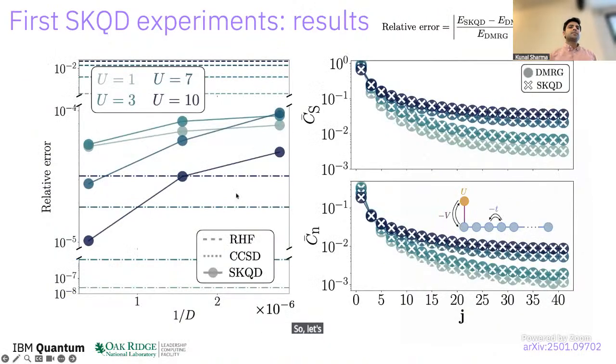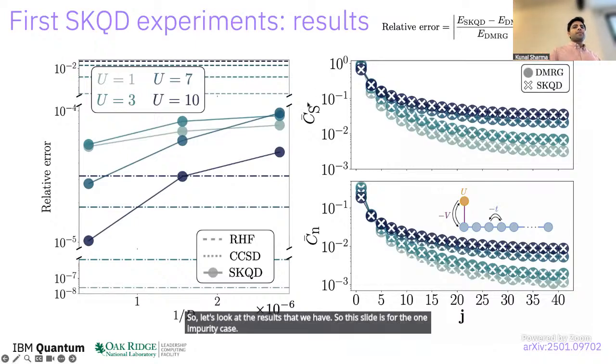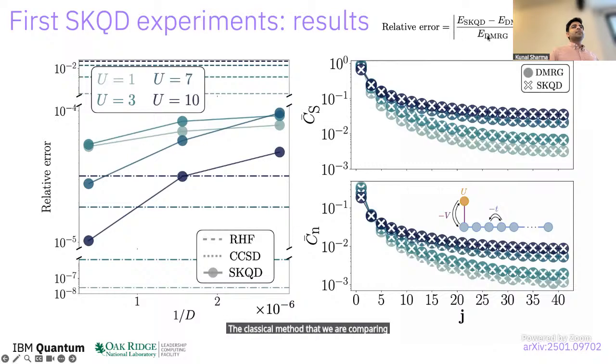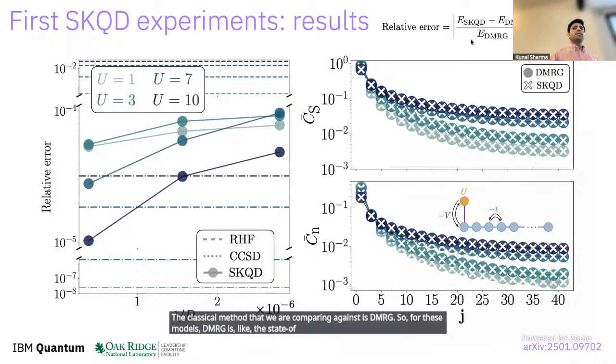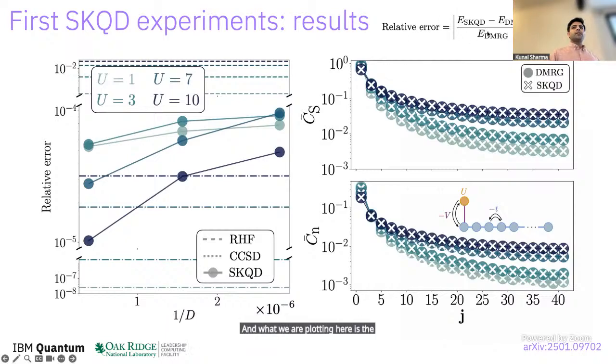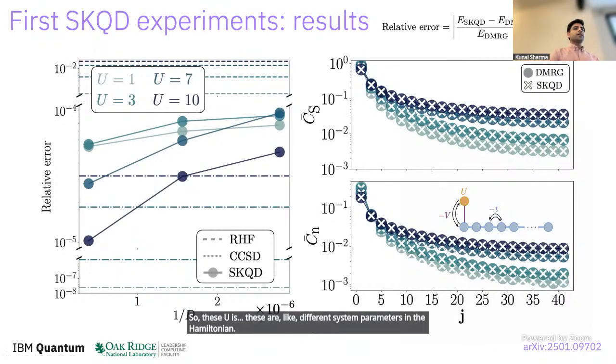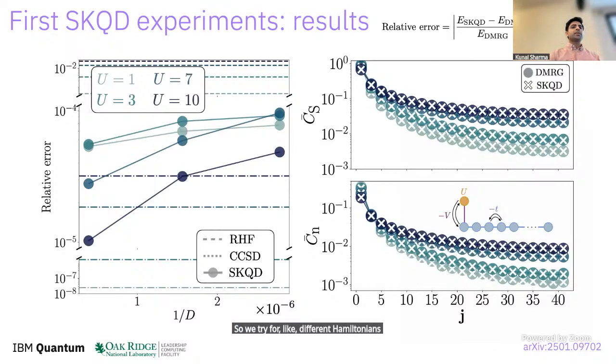So let's look at the results that we have. This slide is for the one impurity case. The classical method that we are comparing against is DMRG. For these models, DMRG is the state-of-the-art method. What we are plotting here is the relative error. SKQD is our algorithm, and we are calculating the relative error with respect to DMRG. On the left, we have the relative error in ground state energy. These are different system parameters in the Hamiltonian, so we try different Hamiltonians for the one impurity case.